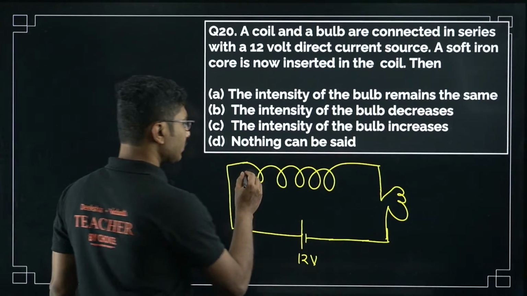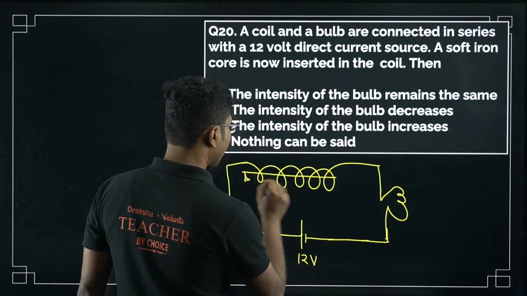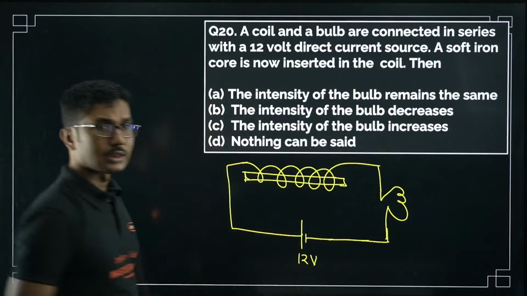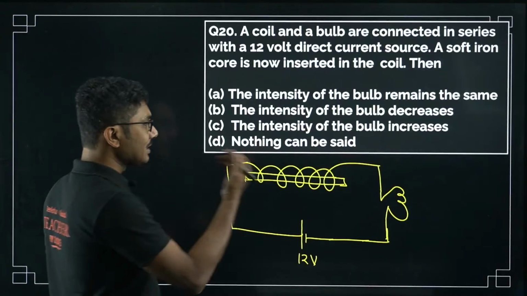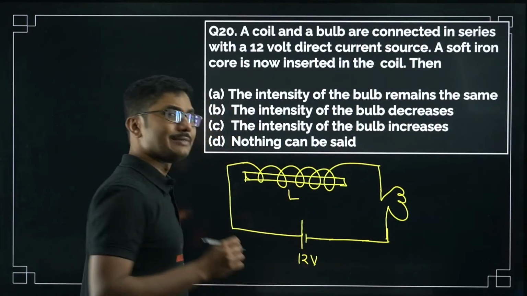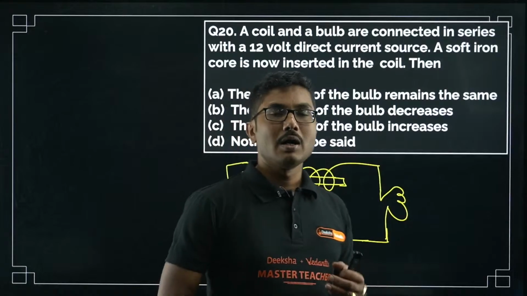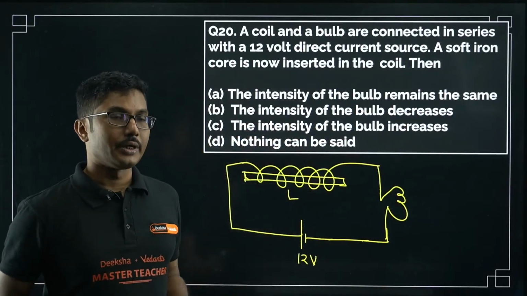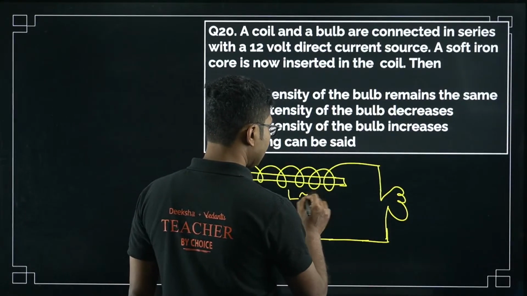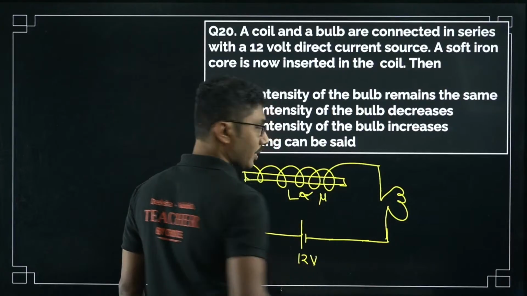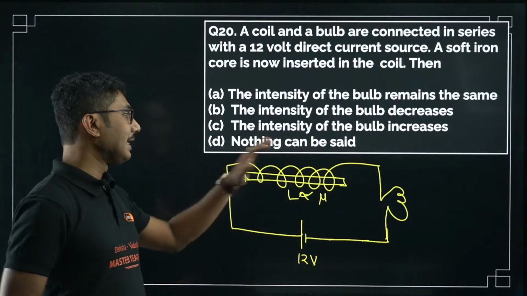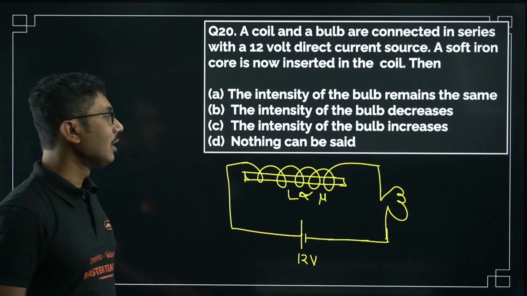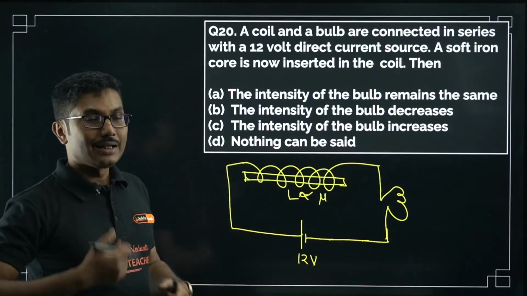Now if you insert a soft iron core, what will happen? Its inductance will increase. Inductance depends on the medium in the core, it is proportional to mu. So you are increasing the mu, that means the inductance will increase. Inductance increase means it will start resisting the flow of current.